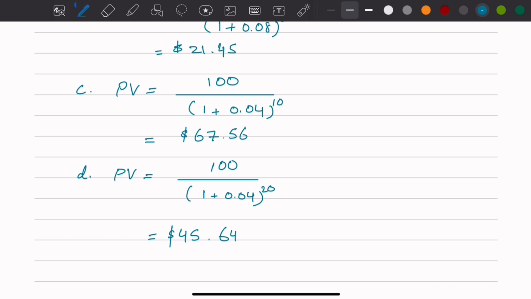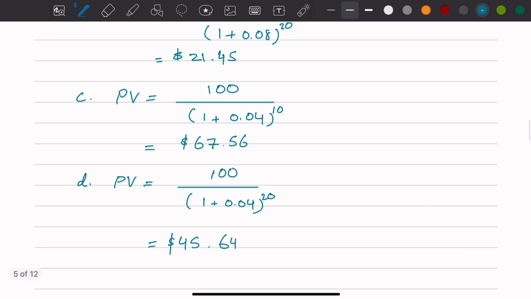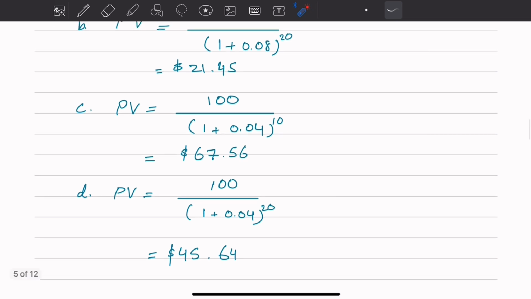These exercises are simple and straightforward, but they are very useful for you to understand the variances that occur based on minor changes in inputs. Okay, so notice how for part C, the discounted present value of the future cash flow of 100 is $67.56, because this is discounted over 10 years.